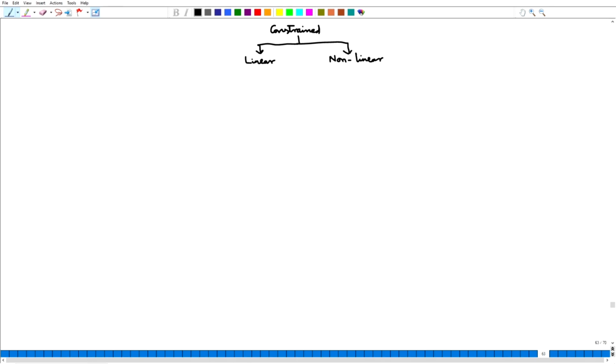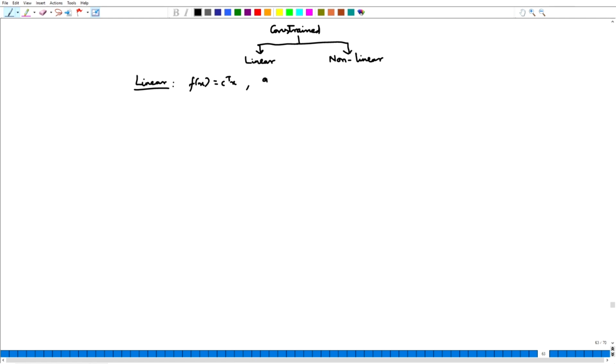When do you call a constrained optimization problem linear? You call it linear if f of x is of the form c transpose x, in other words it is linear in x.